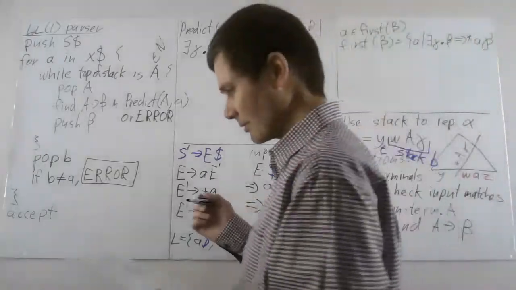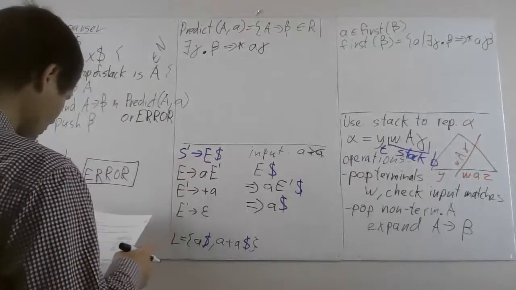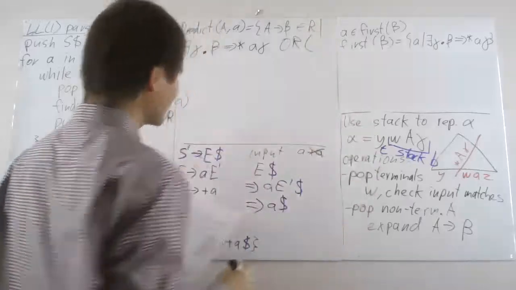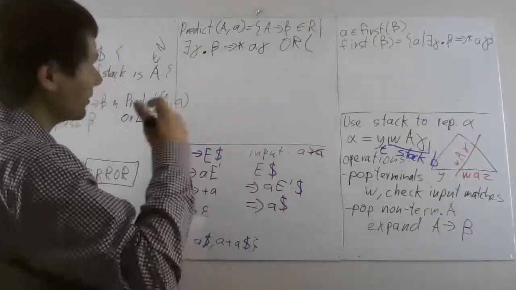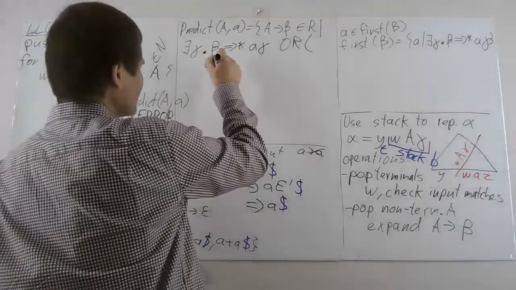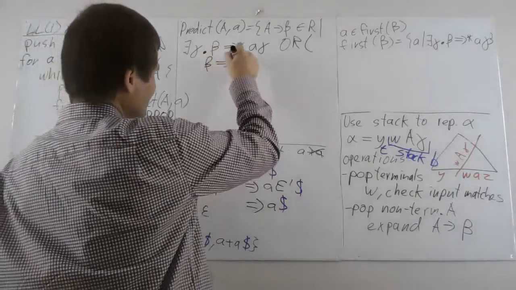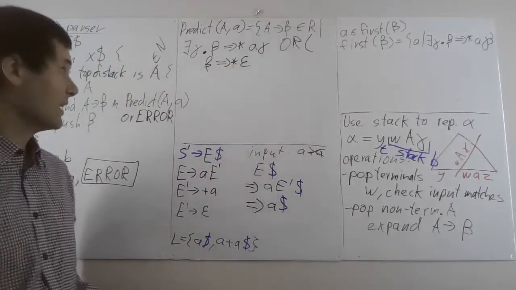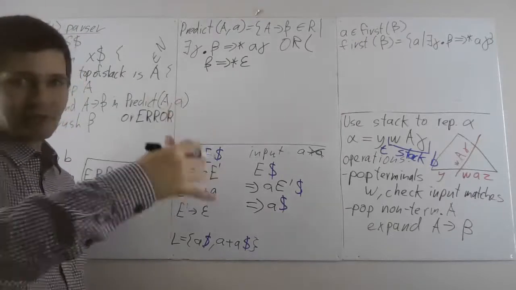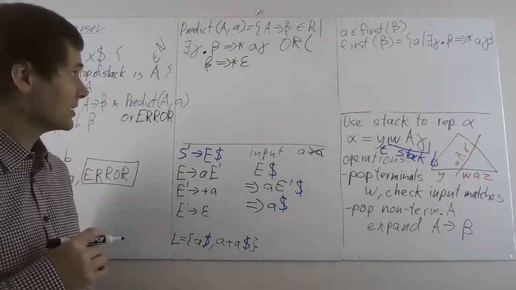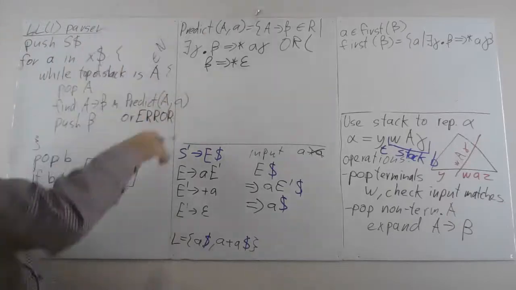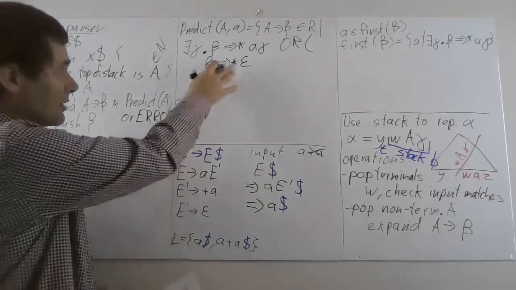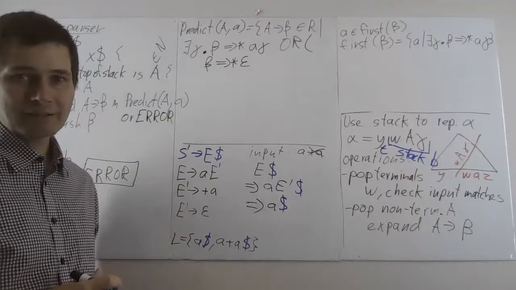So I'm going to say or, and do a big open bracket. Or beta is the empty string, or actually, beta derives the empty string, because beta itself might not be empty. Beta might have some non-terminal symbols in it. So I push those on the stack, but then I keep running the while loop, and let's say those non-terminal symbols all eventually turn into the empty string.